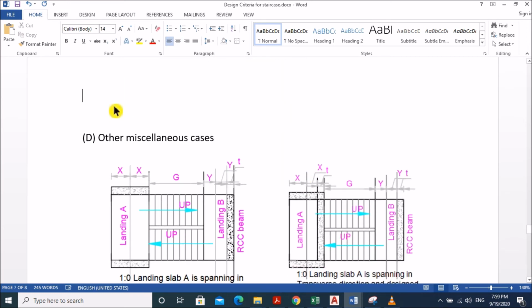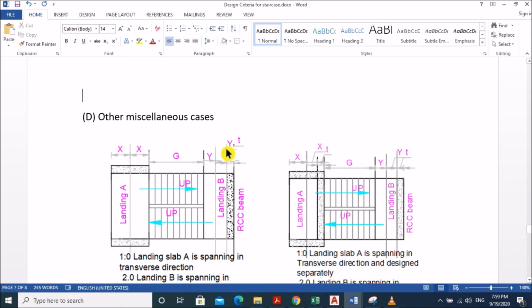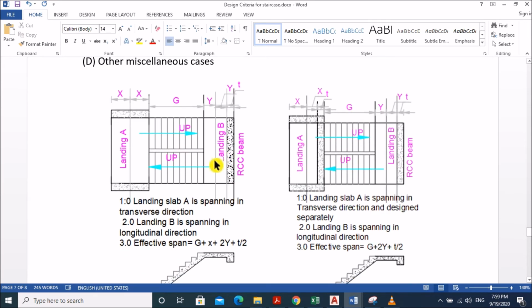There are other miscellaneous cases which are not mentioned in IS 456, but they may exist in any type of structure. In that case, this is fixed: the edge of landing B is fixed and landing A is free. Landing B is spanning along the flight.